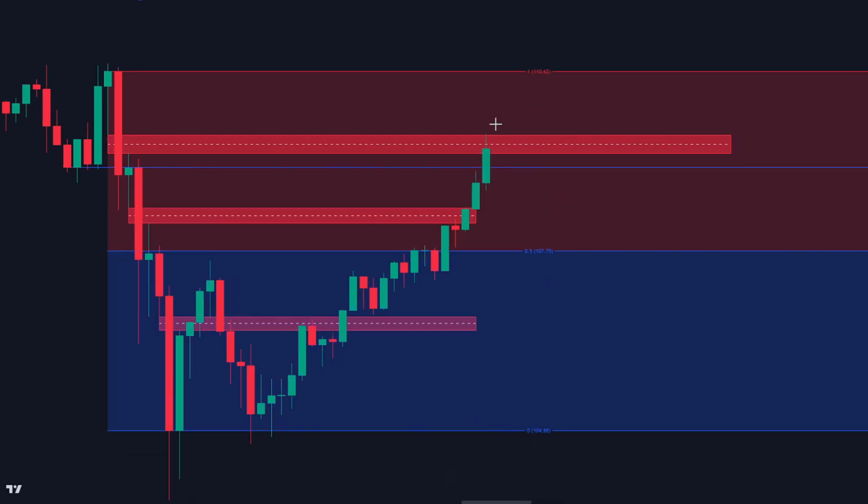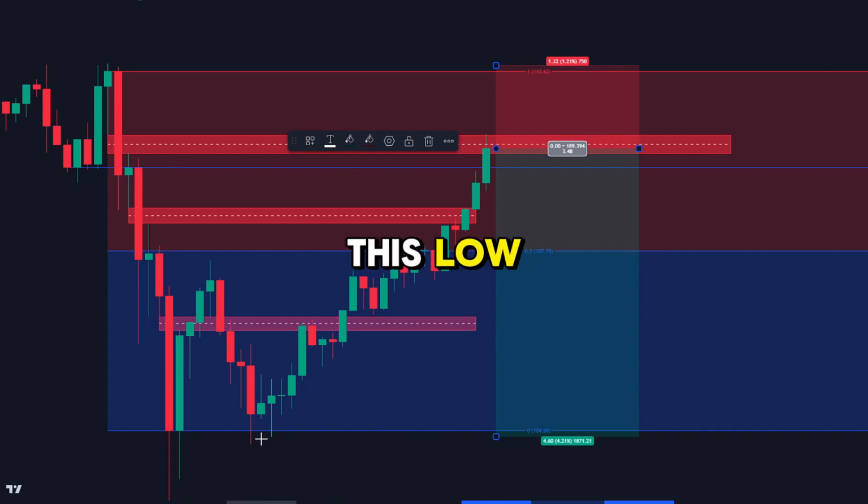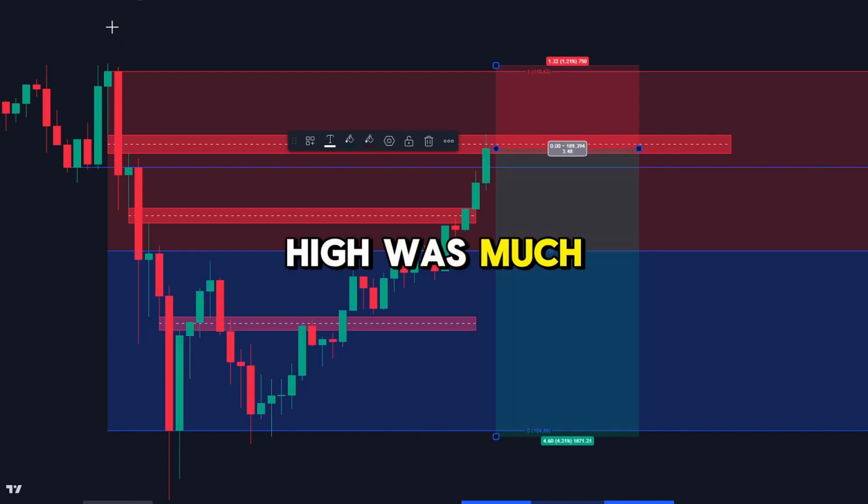We should put our stop loss above this fair value gap or even above this high. Why? Even if we put our stop loss above this high and take profit just close to this low, we still have a great risk-reward ratio. But if this high was much higher, then our risk-reward will be skewed.